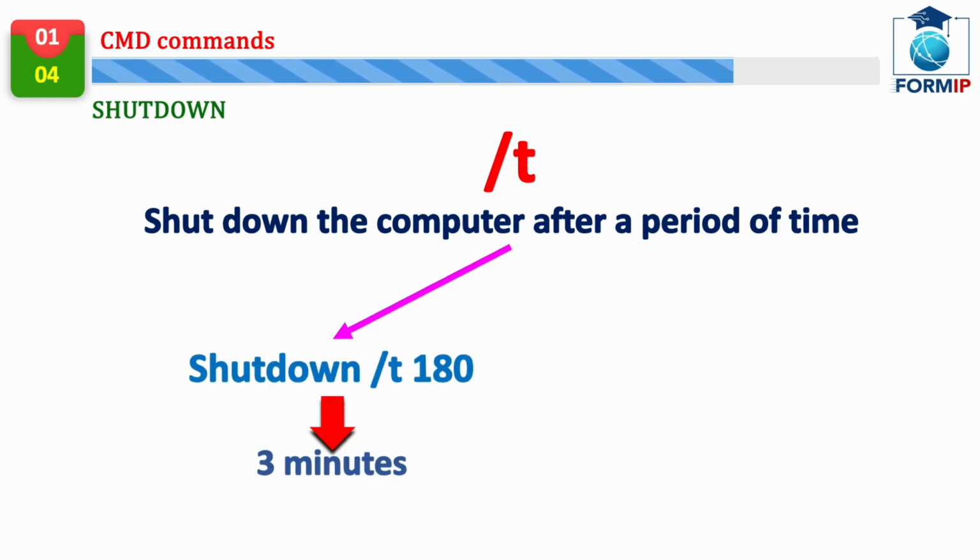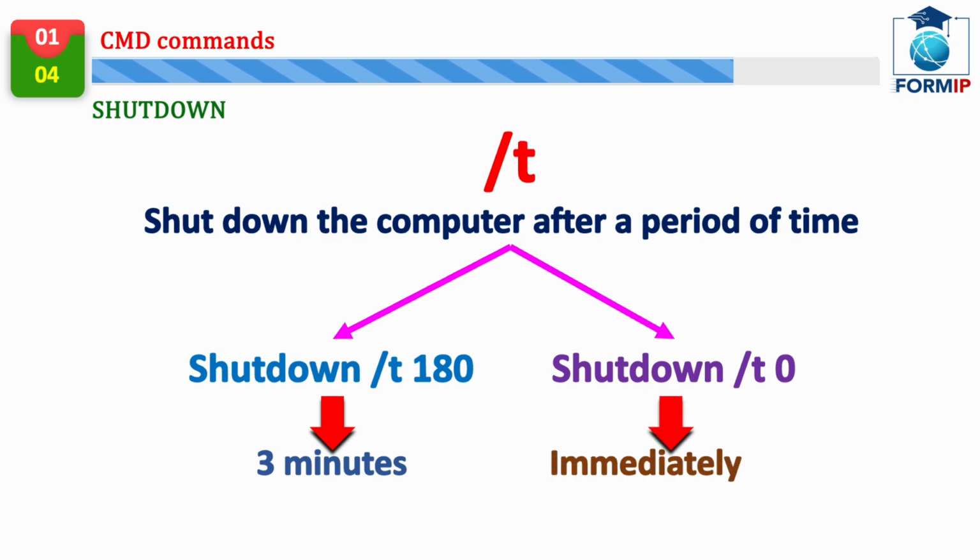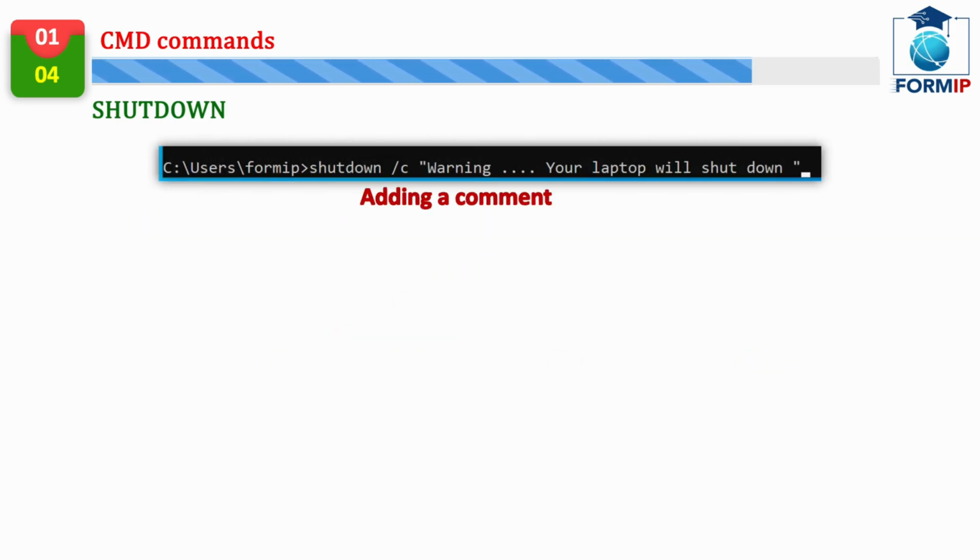For example, the command shutdown /t 180 will schedule the PC to shut down in 3 minutes. And the shutdown /t 0 command will shut down the PC immediately without waiting for the default 60 seconds.